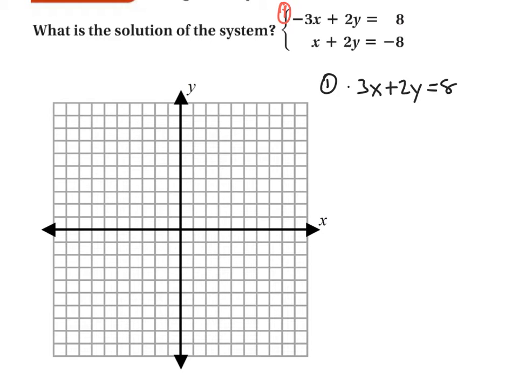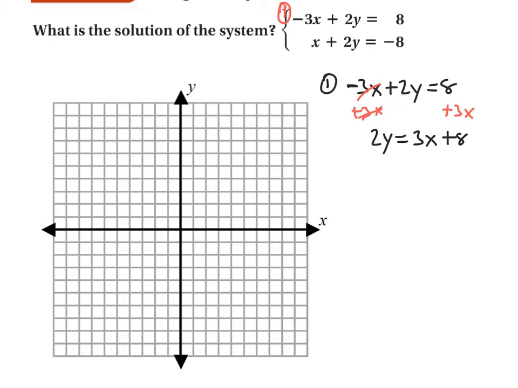I want to graph it, so I need to rewrite it in what form? Slope-intercept form. To get it in that form, now that looks like a dot, but that is a negative 3x. So we need to add 3x to both sides. That gives me 2y equals 3x plus 8.